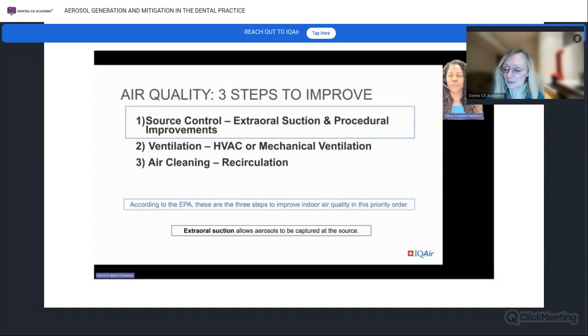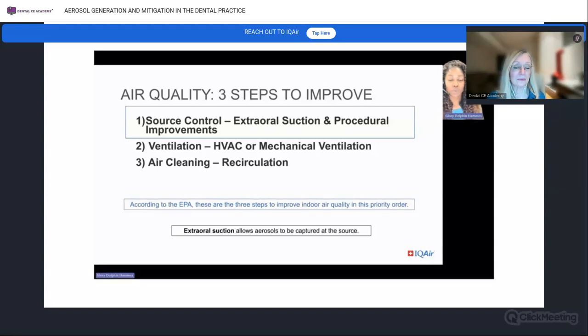Often, even through the pandemic, the first thing we thought about was air purifiers. But as we see in this prioritization list, that is actually number 3, and we should be truly looking at source control and also ventilation as well.